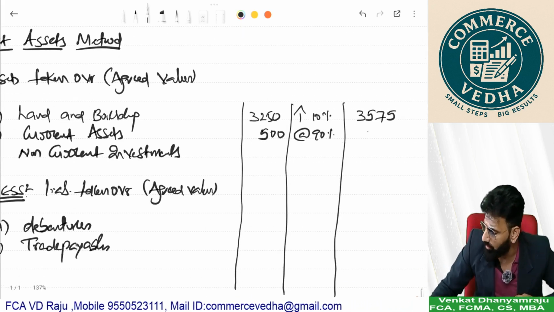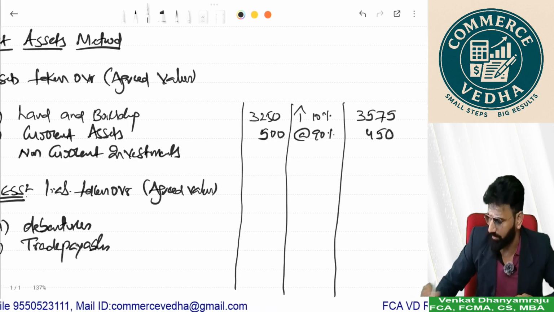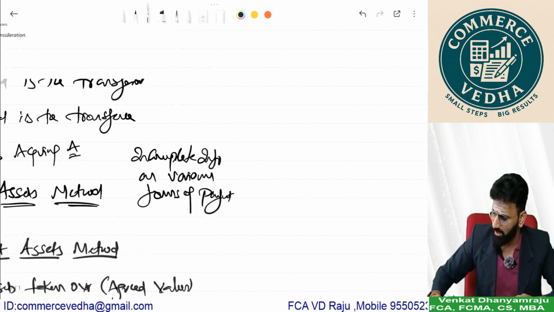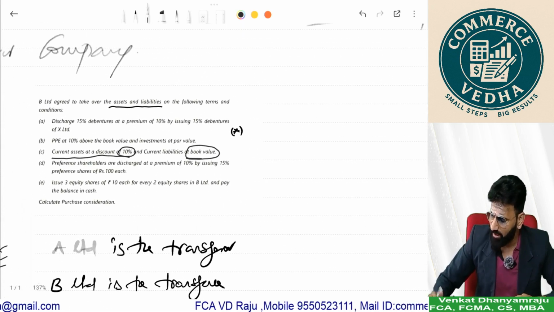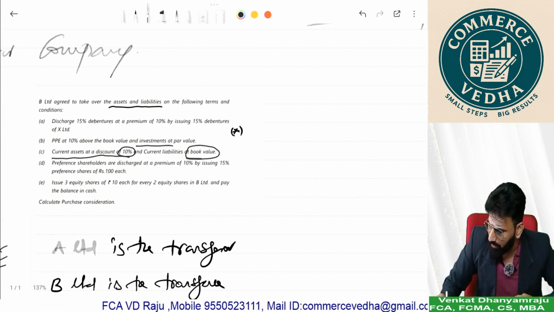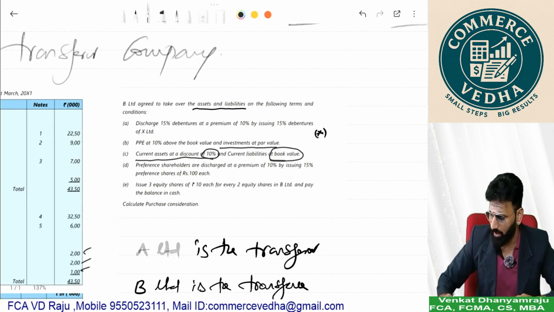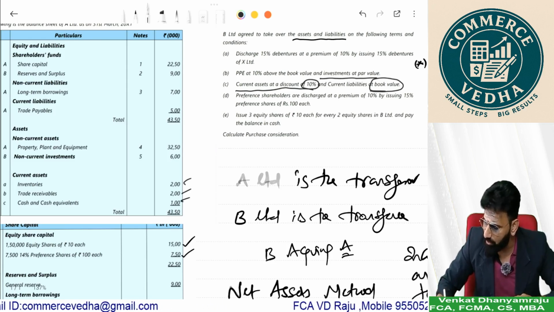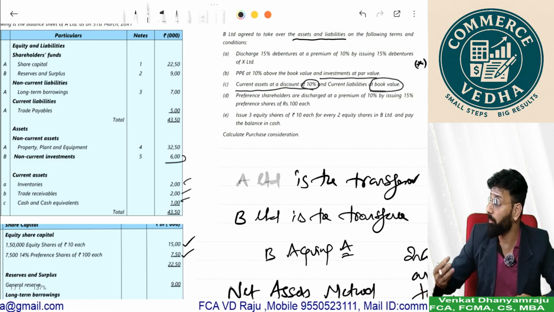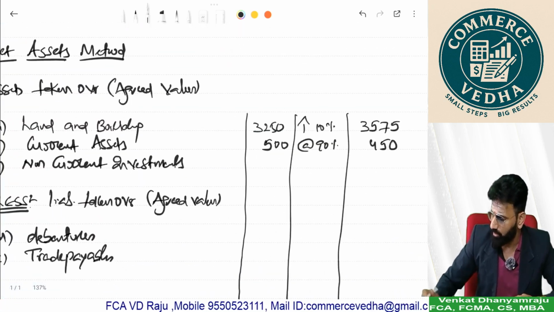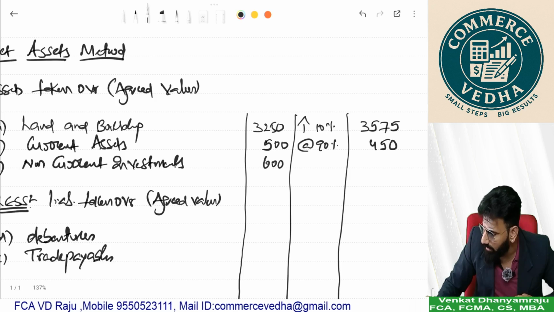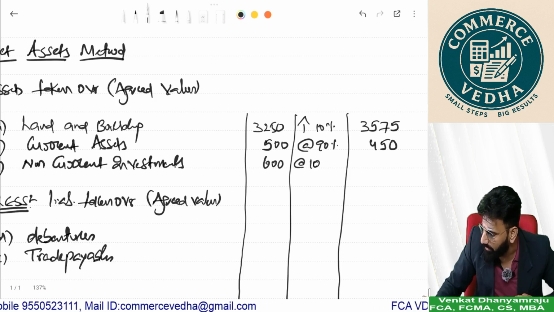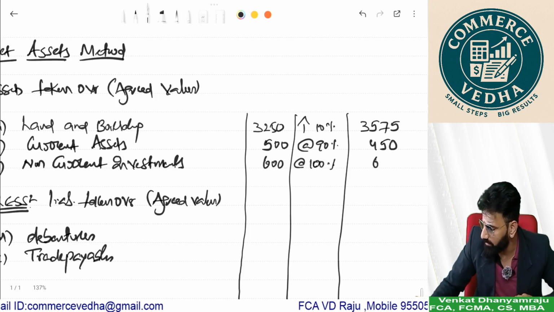A 10% discount means we reduce it to 90%. And non-current investments at par value. Par value means the book value, where the non-current investment sits, so 600 at 100%, that is 600.